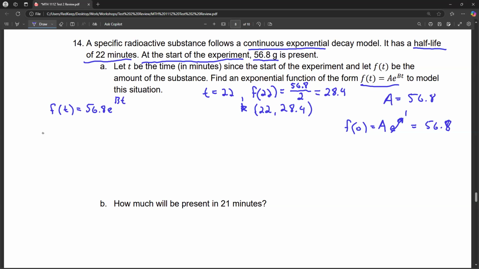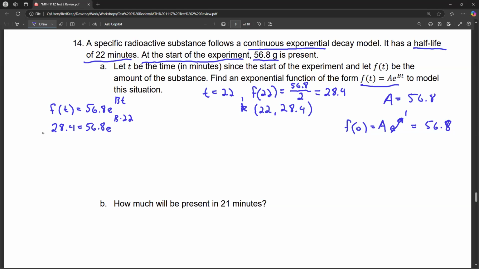And then our t value, of course, is our independent variable. So remember the point that we just found, 22 comma 28.4, we can actually plug that into our equation. 28.4 was the output, 56.8 times e. Again, I don't know what b is, but I know t is equal to 22.